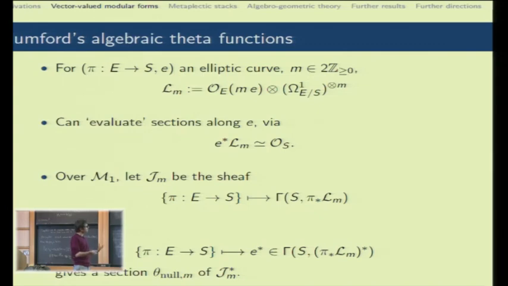But anyway, this evaluation map gives you an analog of what should be called theta constants. Okay, so it gives you a vector in this dual vector bundle, a vector with m components. And if you really go through it all conceptually, and you have to go through some calculations, but that's all been done, you get a complete algebraic analog of theta functions.